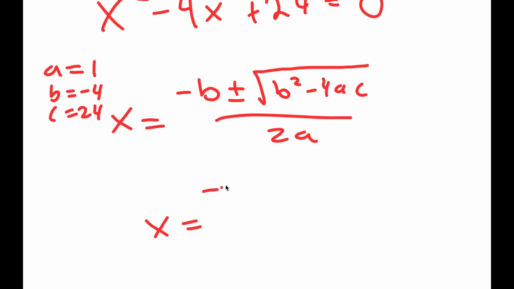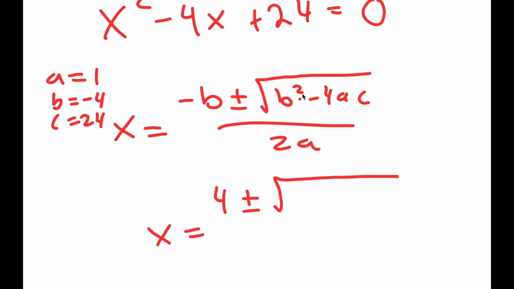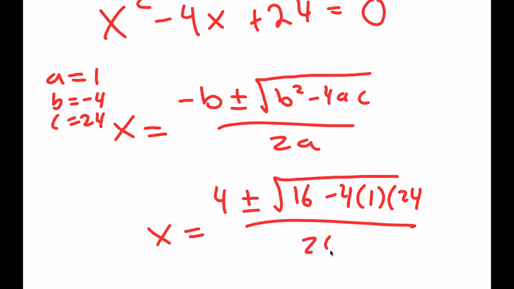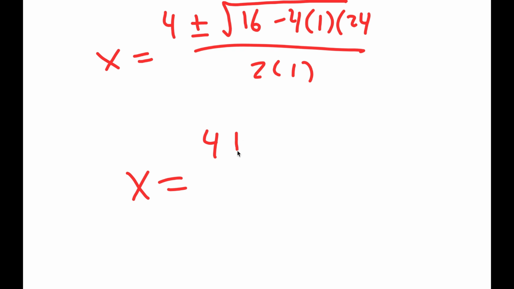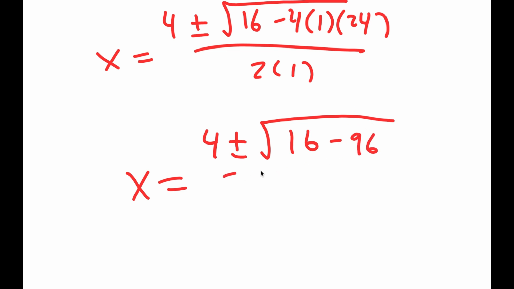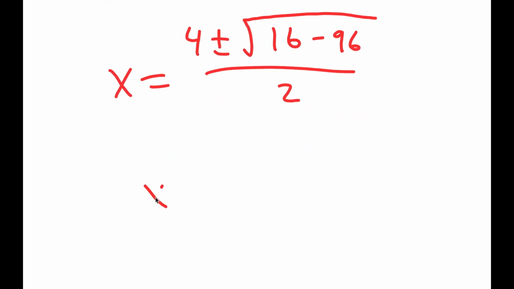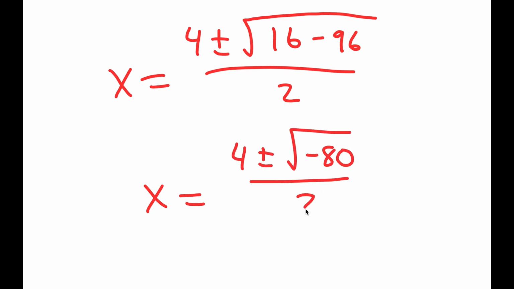So I'll get x is equal to positive 4 plus or minus the square root of b squared, which is negative 4 squared, which is 16, minus 4 times a, which is 1, times c, which is 24, all over 2a, so 2 times 1. Now this is equal to 4 plus or minus the square root of 16 minus 24 times 4, which is 96, all over 2, which is equal to 4 plus or minus the square root of negative 80 over 2.